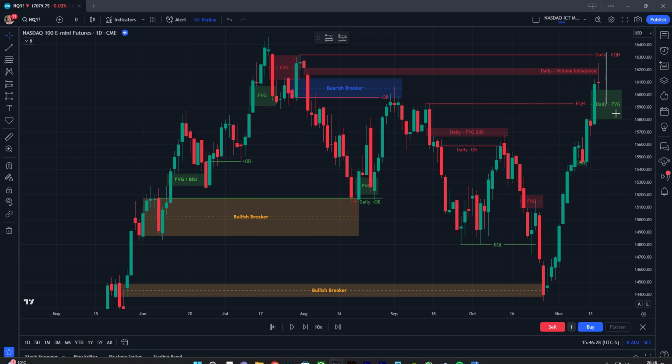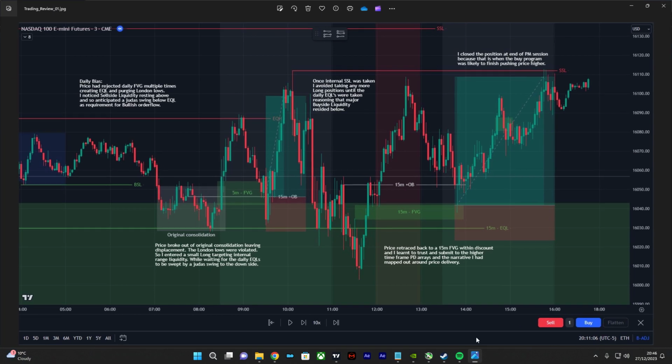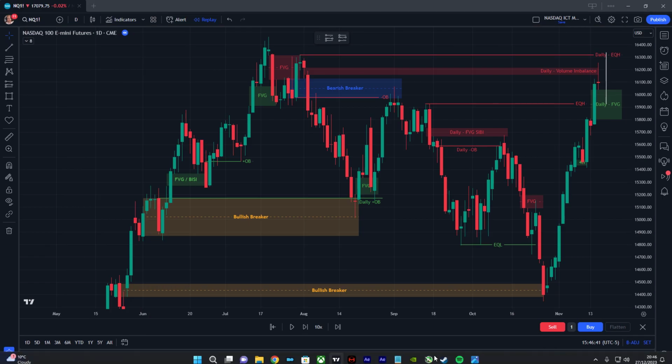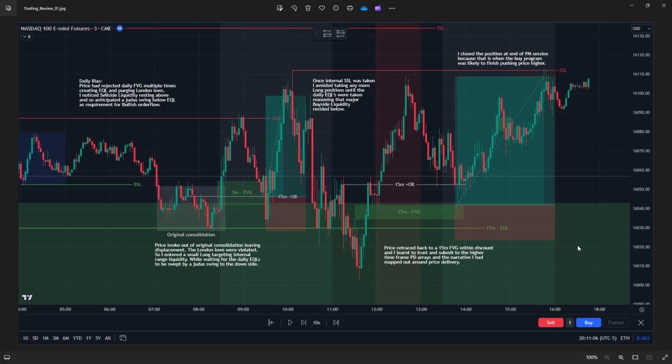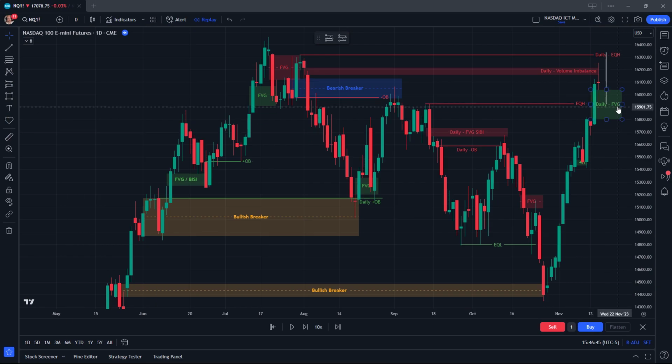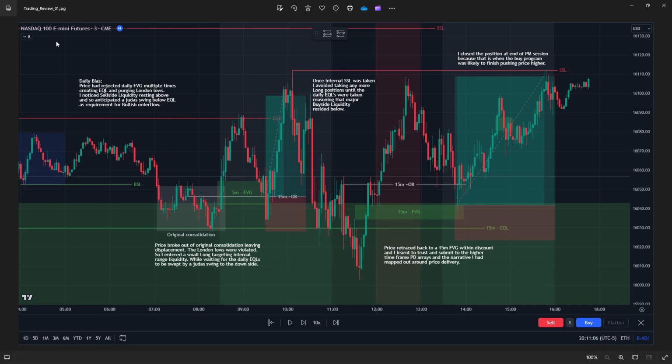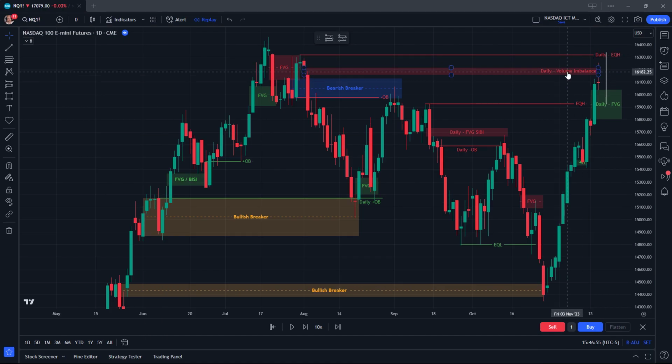If we zoom in on this candle here, I've already got it annotated and saved so we can have a look at that. Just to give you some context, this green box you're seeing here would be this daily fair value gap, and although you can't quite see it, just off to the top left, price would be coming from the volume imbalance here.